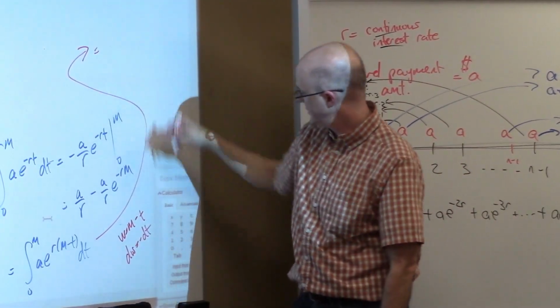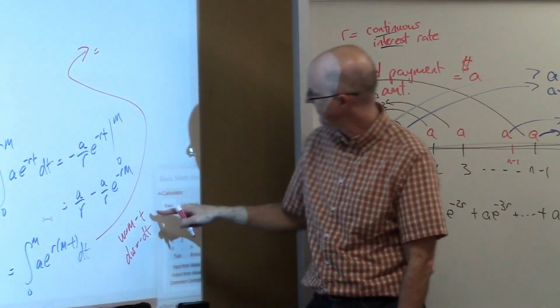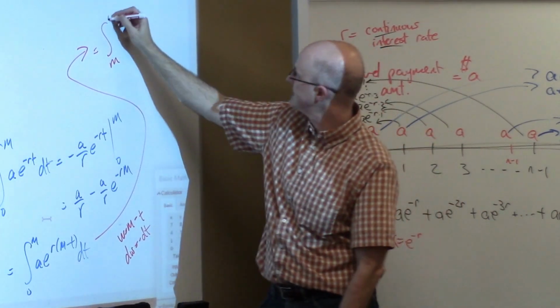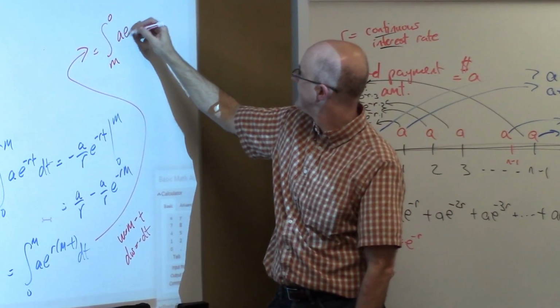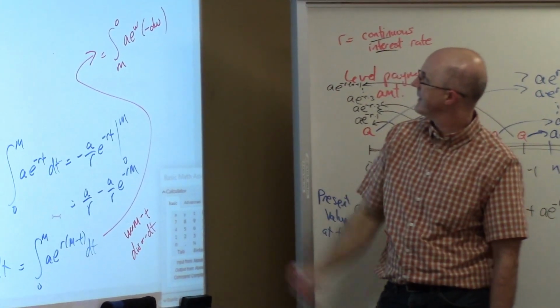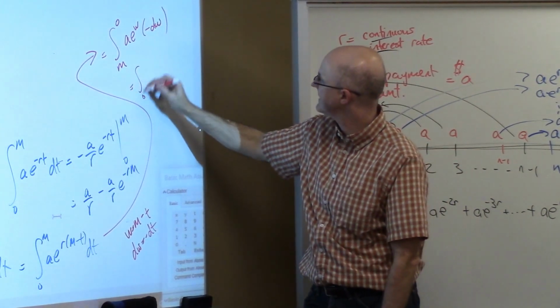If you do that substitution and use this equation to change your limits of integration, when t is 0, w is m. When t is m, w is 0. But then you can get rid of that minus sign by flipping around those limits of integration to be back in the original order.